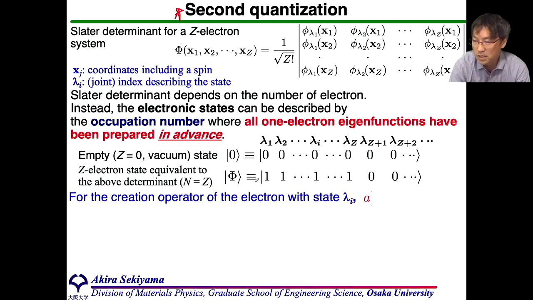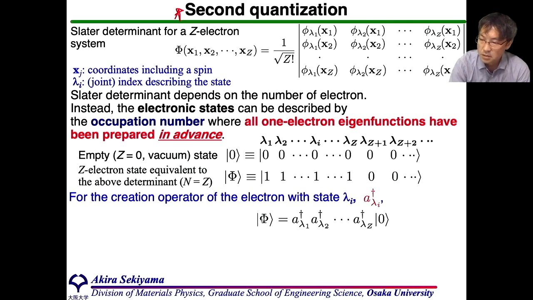In order to describe this state from the vacuum state, I introduce the creation operator of the electron, a lambda I dagger, as this one. Then the state phi is created by using the creation operator from the vacuum state, like this one. So this is equivalent to this formulation.